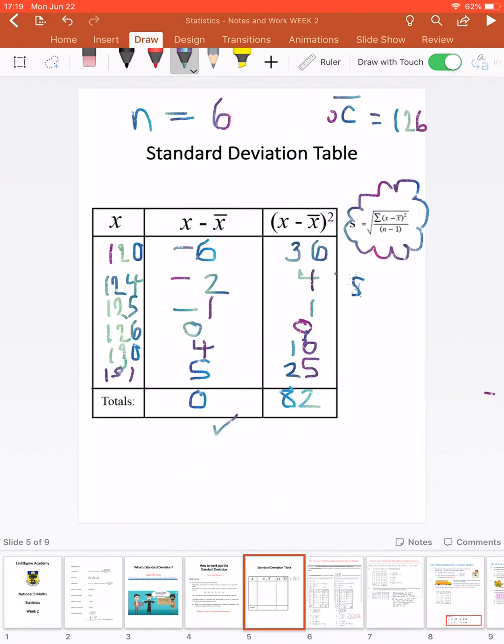Therefore, when we substitute into our standard deviation formula, we have the square root of 82, because that was the sum of our last column, the last column being this, x minus x bar all squared. So it's the sum of the last column, which is 82, all over n minus 1. And if n is 6, then n minus 1 is 5.